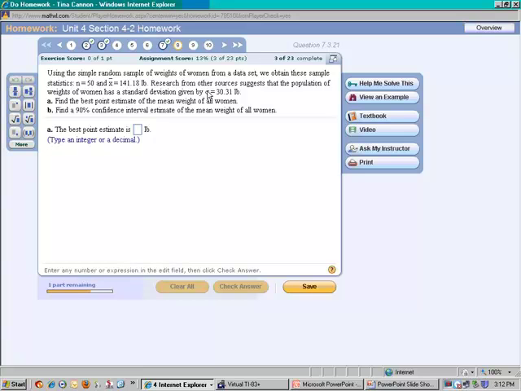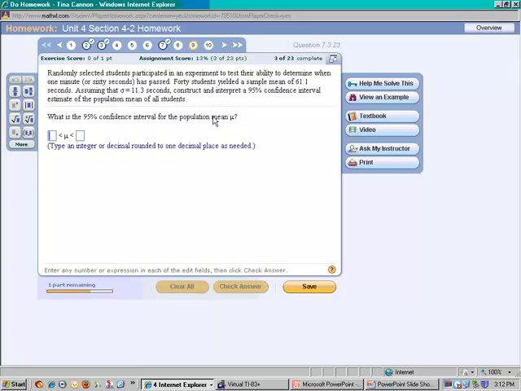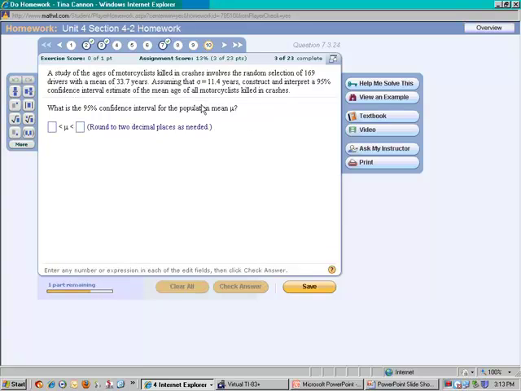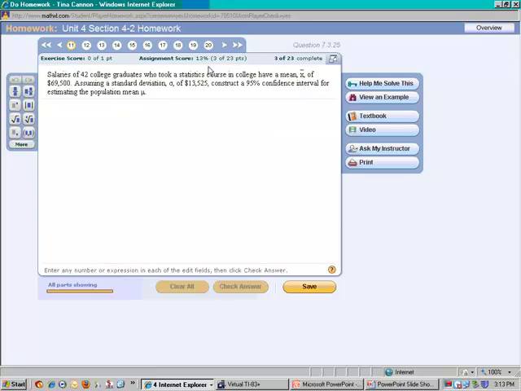When that happens, you use Z. If you look at this one, notice I see the standard deviation. Think of Z. Notice this one, standard deviation of population, Z. Okay, now this one, standard deviation of a population, Z.